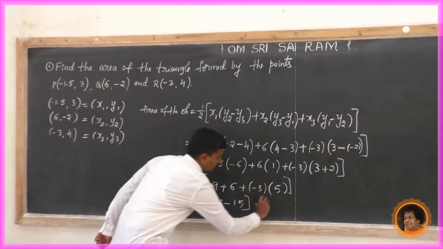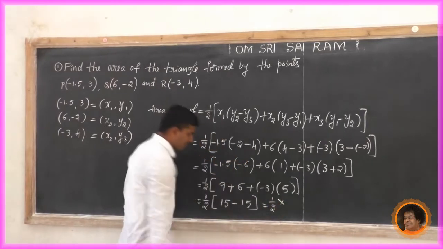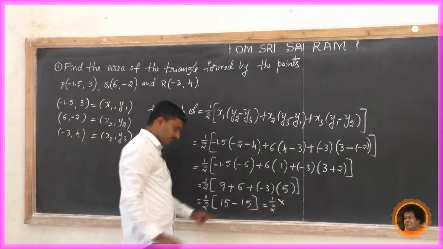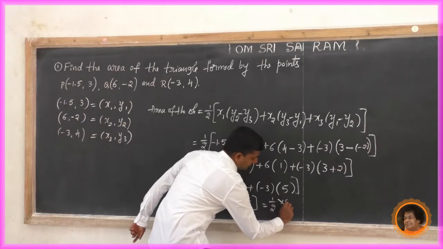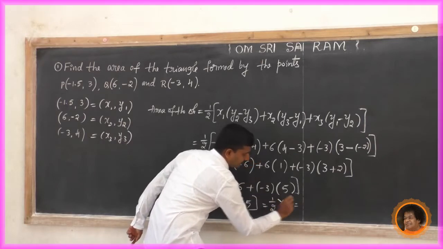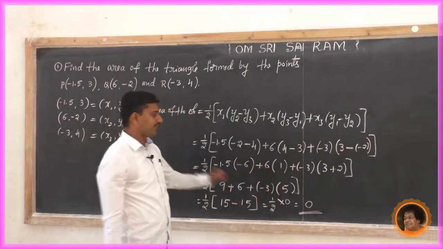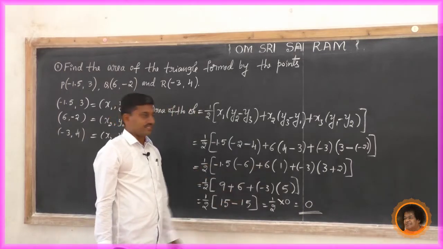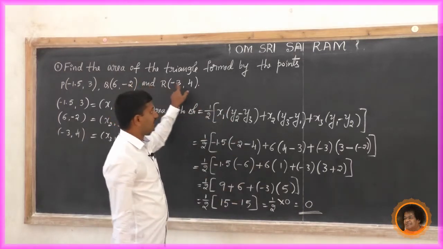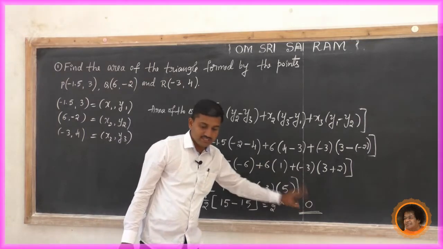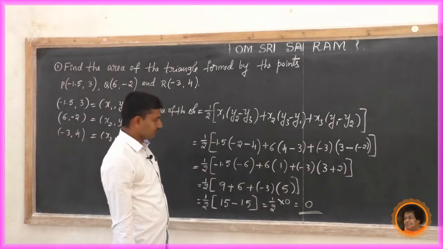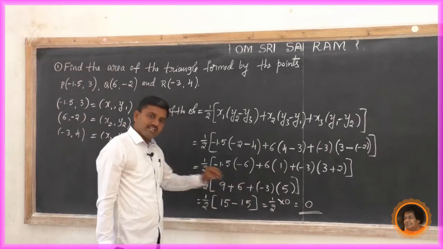So this equals half into 15 minus 15. 15 minus 15 equals 0. Half into 0 equals 0. So this is the area of the triangle. In this question, the area of the triangle is 0.